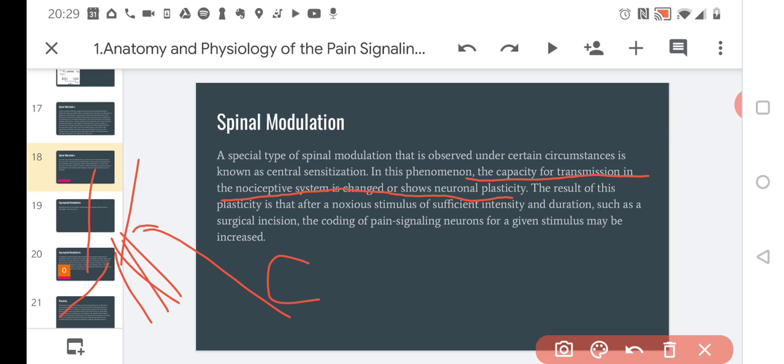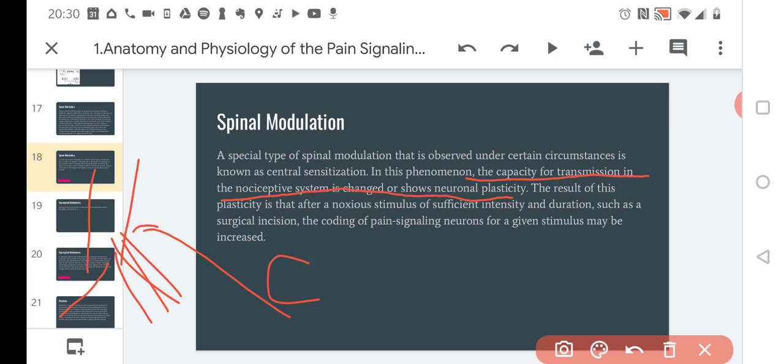Plasticity is about change. Like when you have something plastic, you can change its shape. In this case, plasticity means something similar. The cells of the spinal cord will change in such a way that it may increase the pain sensation.